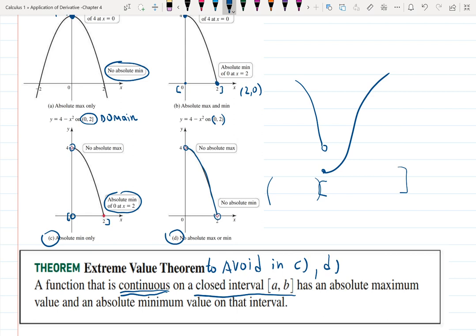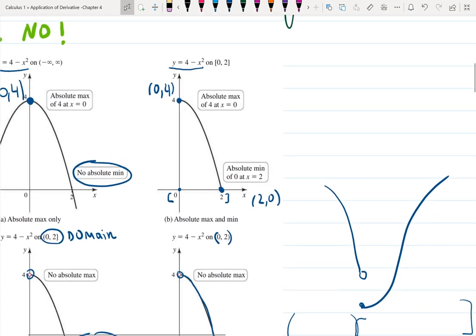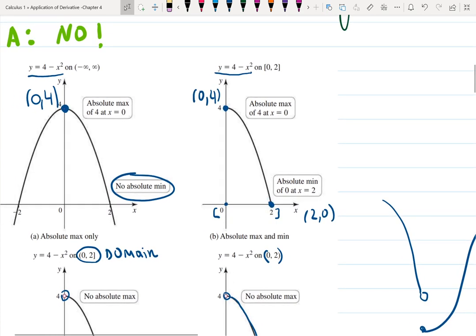Then, if the function is continuous, there is no jump, and the interval is closed, we definitely can say that it has an absolute maximum and absolute minimum on that particular interval. So it's going to be cases A and B. You see, the parabola is there. It's either on negative infinity to infinity, then it definitely has an absolute maximum or minimum.